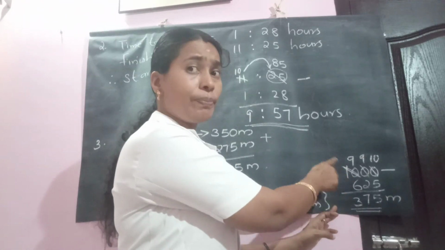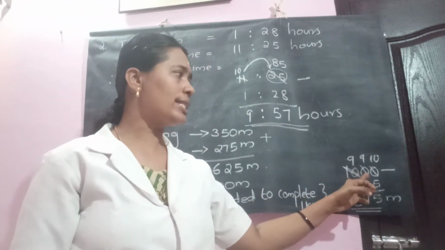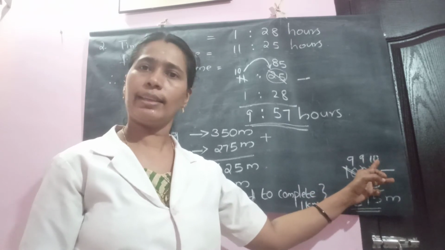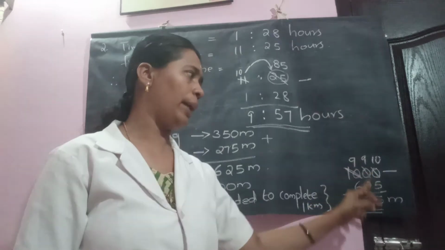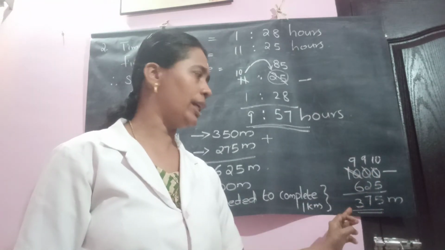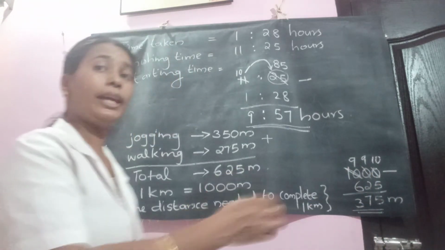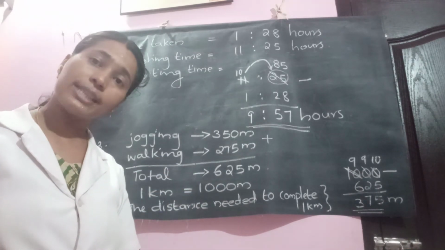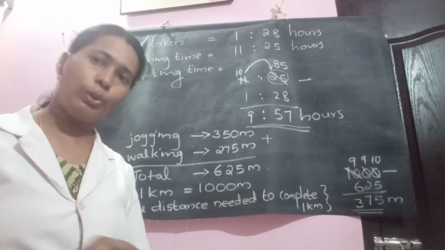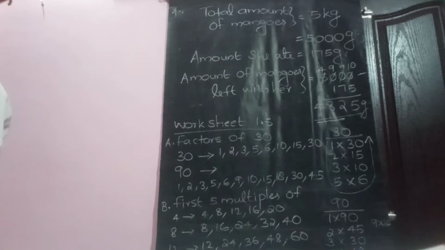Start from here: 10 as 9, this 0 as 9, last 0 as 10. Then let us start subtraction. 10 minus 5, 5. 9 minus 2, 7. 9 minus 6, 3. So the remaining distance to reach 1 kilometer is 375.